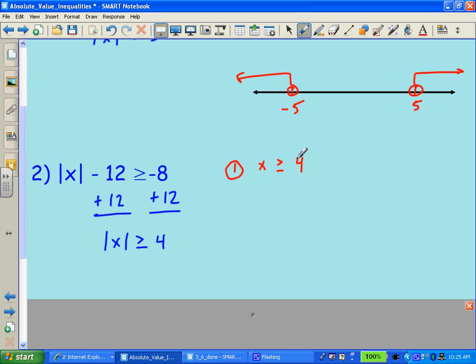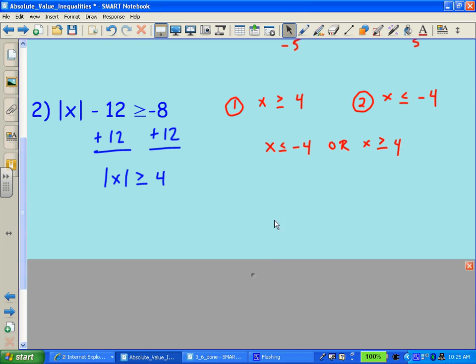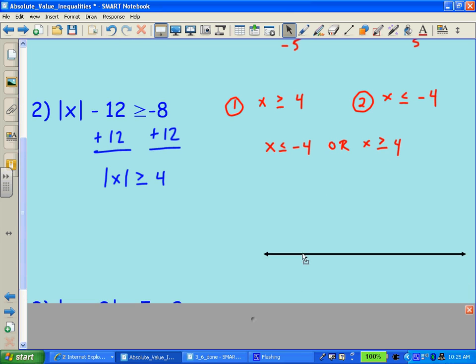First case, x greater than or equal to 4, just like it is. Second case, x less than or equal to negative 4. So again, if I write them in order, x less than or equal to negative 4, or x greater than or equal to 4.